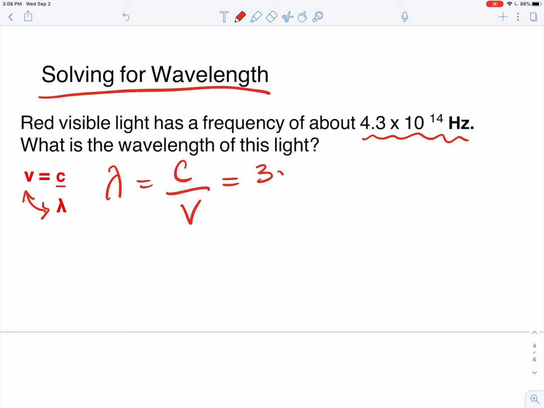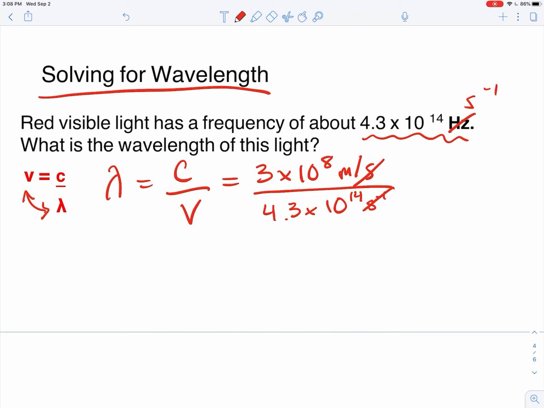So the speed of light, 3 times 10 to the 8th meters per second, over the frequency here, I'm going to change this to seconds so that it's consistent. Since these seconds are both in the denominator, they're just going to cancel out.